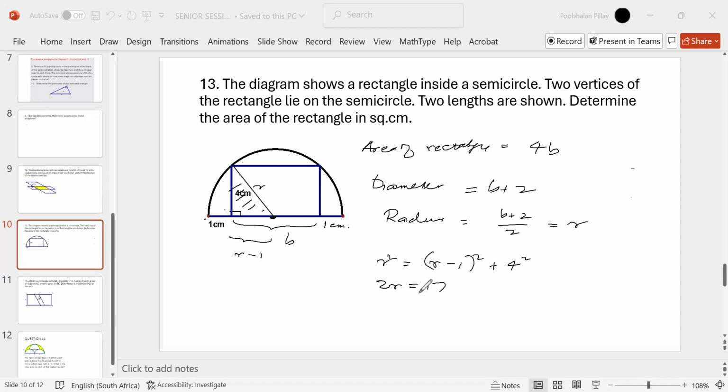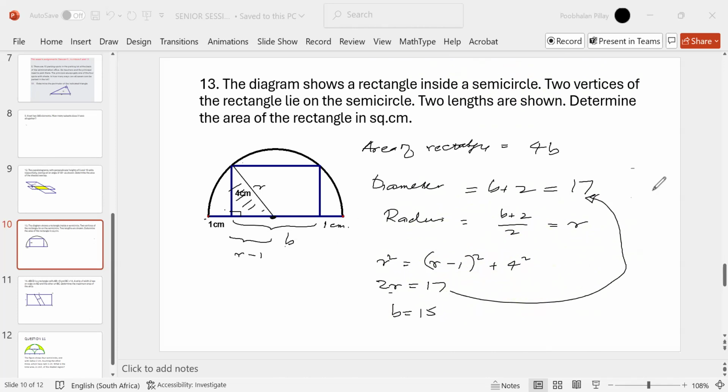Now, I'm not working out R, but 2R is recognized to be the diameter. So there's the diameter. The diameter was B plus 2, and that is 17. Twice the radius. And now that allows you to work out B very quickly. So B is 15. And that's nice.